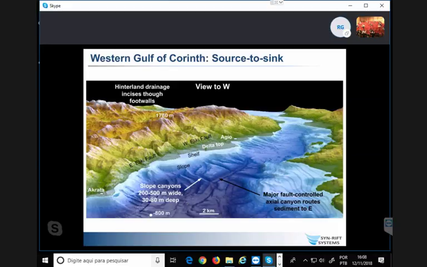So keep this in mind. We've got transverse entry points supplying sediment to the rift, but then along the rift axis, quite marked along-strike transport of sediment. And in this case, it's to the east to the ultimate depocentre.